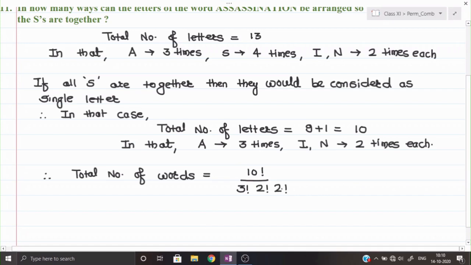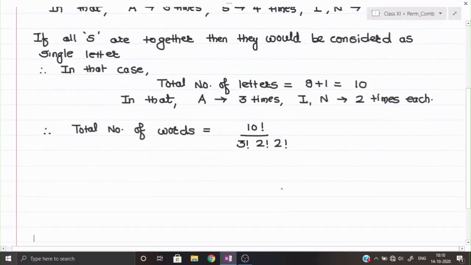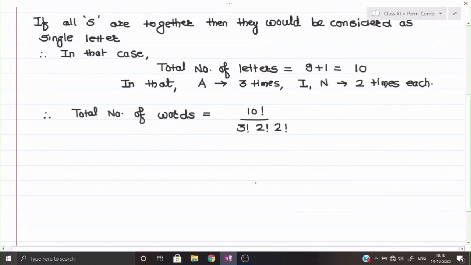This question I have not taken in detail because such kind of question we have already covered. Okay, so I have just explained it roughly. If there is any confusion about how 10 is coming, you can form one pattern, form the 13 spaces over there, and then write down these 4 s's together somewhere. So you will observe when the 4 s's are considered as one particular letter, the total number of letters will become 10.